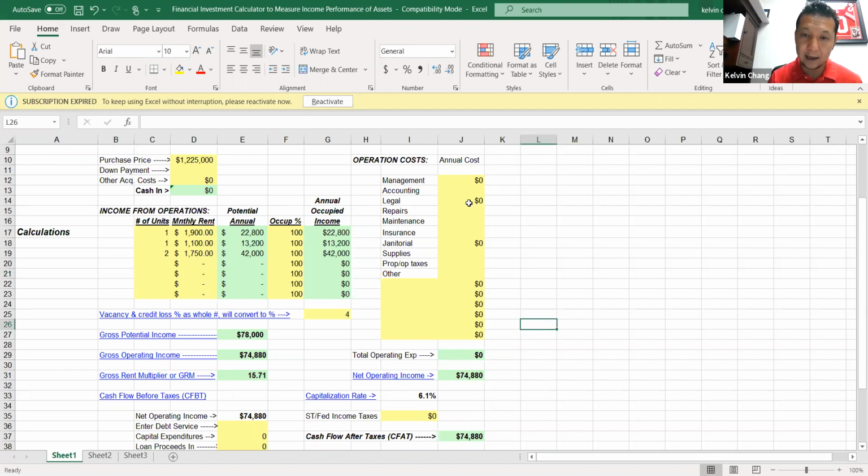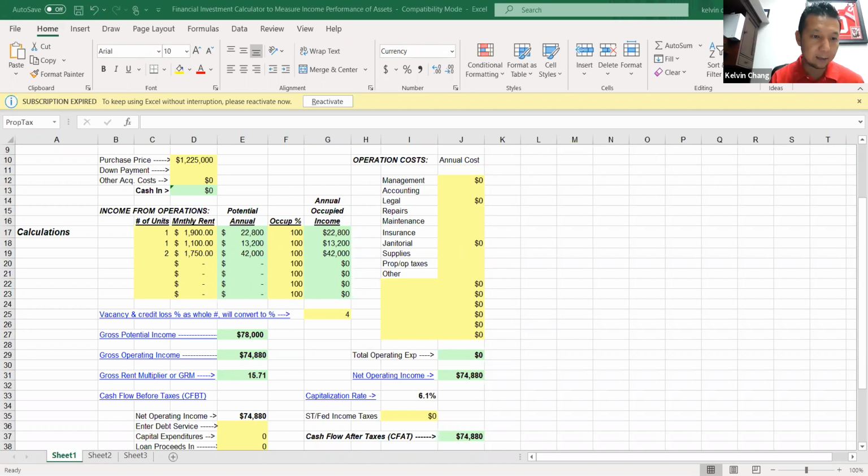Then I look at the expenses. This is where I get, assuming there's 0 expenses, the net operating income is $74,000. Cap rate 6%, but obviously we know there are expenses. In this instance, they put down property tax for a new buyer, and I'm going to copy all their expenses.